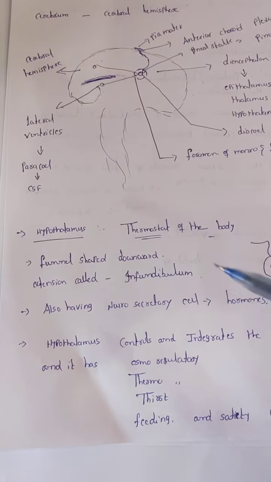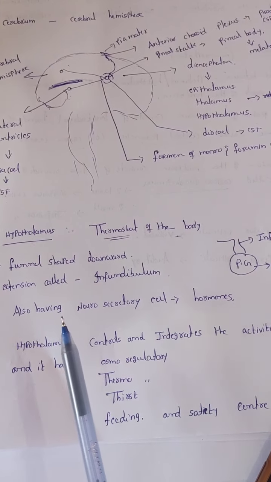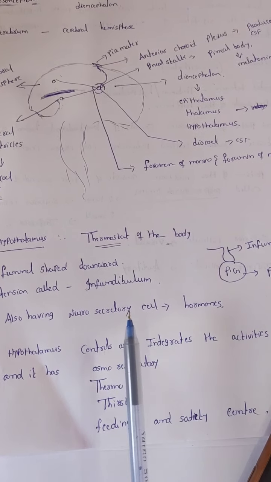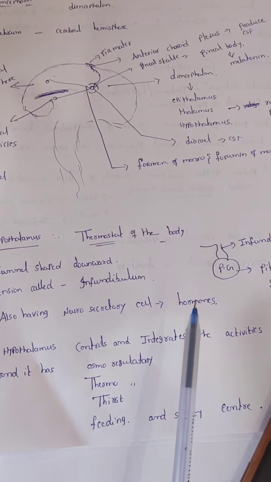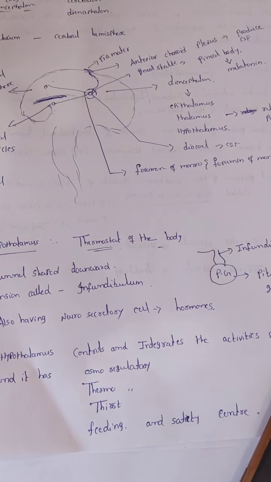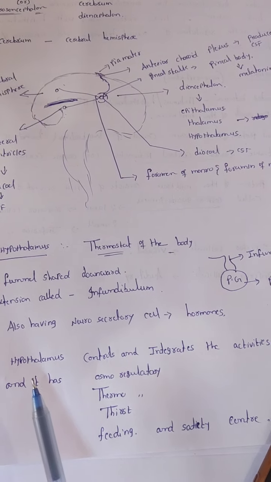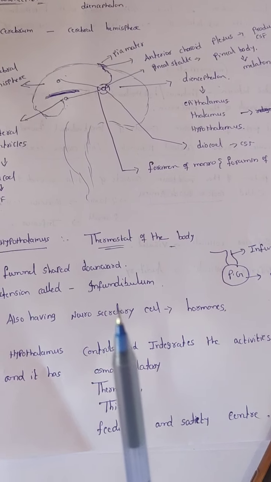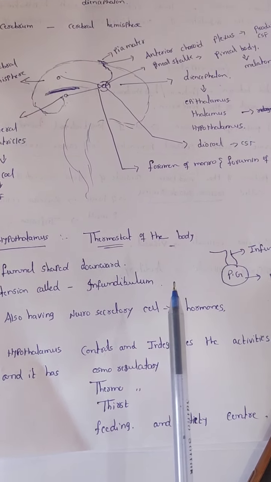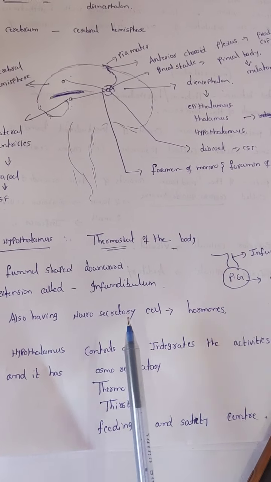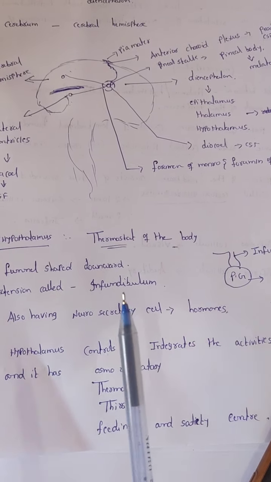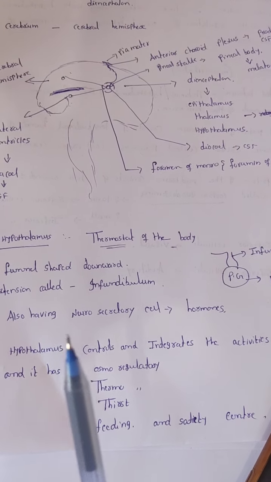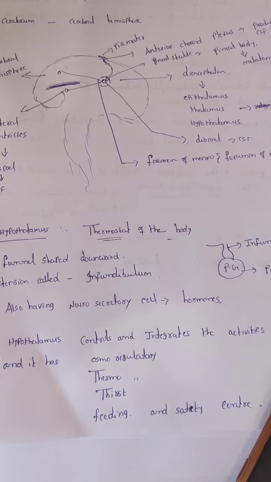The hypothalamus also has specialized neurosecretory cells that produce hormones. That's why the hypothalamus is called a neuroendocrine center. It can transfer impulses and also produce hormones, so it is also called a master gland.